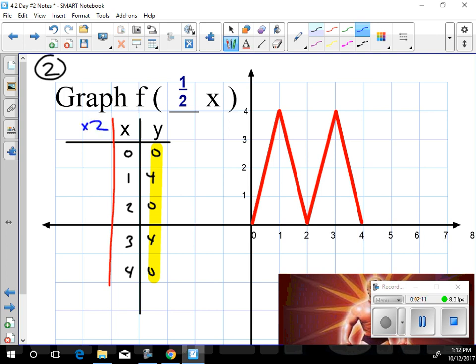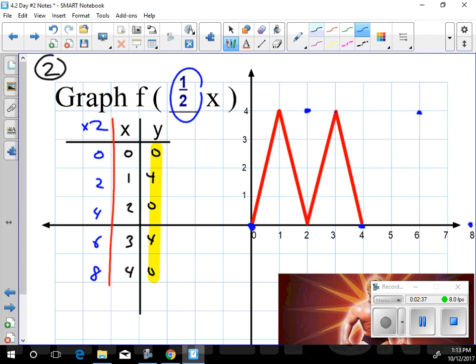We take the opposite of what's on the inside. Instead of multiplying by 1/2, we multiply by 2. So my x values will be 0, 2, 4, 6, and 8. That's going to take this point, keep it the same, take this point and double its distance from the y-axis, double this one's distance, double this one's distance out to 6, and this one out to 8.